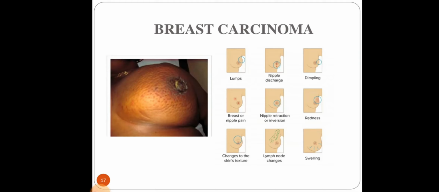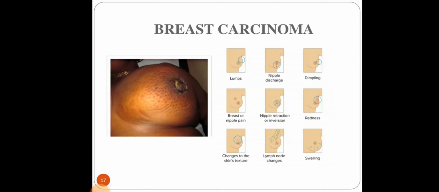Nodal status, N0 means no nodes, N1 there will be palpable mobile axillary lymph nodes, then N2 palpable fixed axillary lymph nodes, N3 means other lymph nodes also will be involved, especially the infra or supraclavicular nodes. Metastasis, M0 is there is no metastasis, M1 metastasis is happening. So that is the TNM staging.